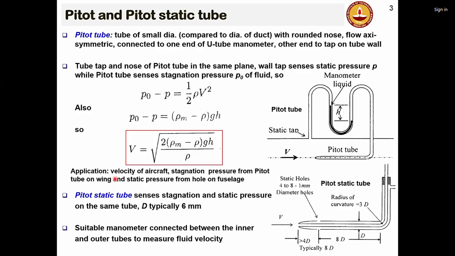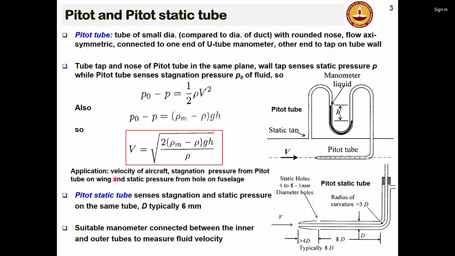Whereas the static pressure tap can be perpendicular to the fuselage. So there is no flow that is perpendicular to the fuselage when the aircraft is cruising.